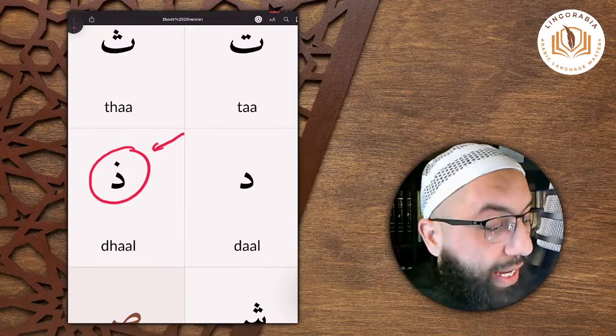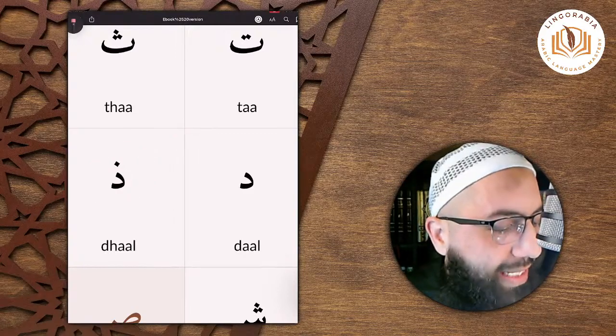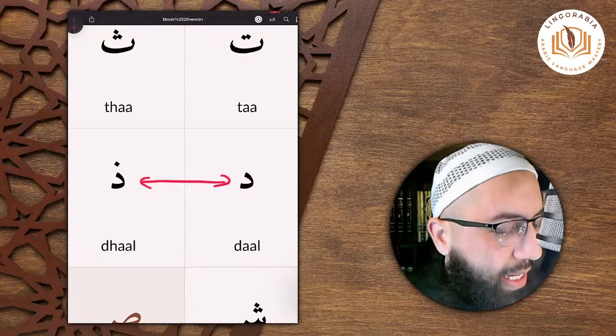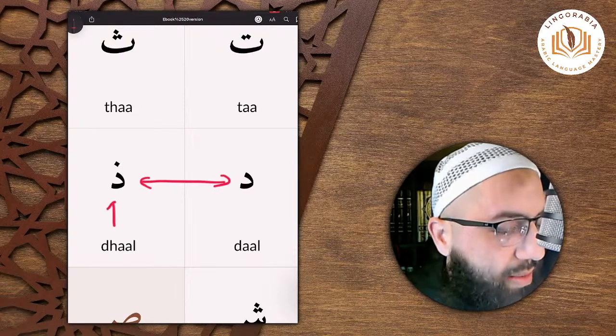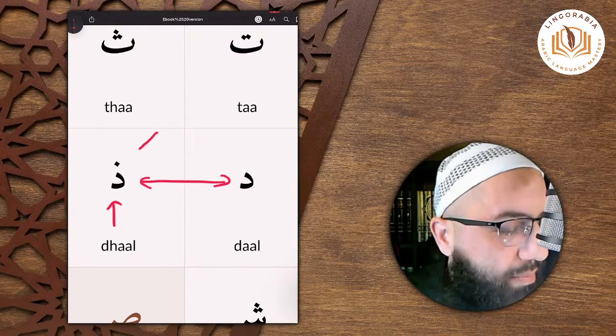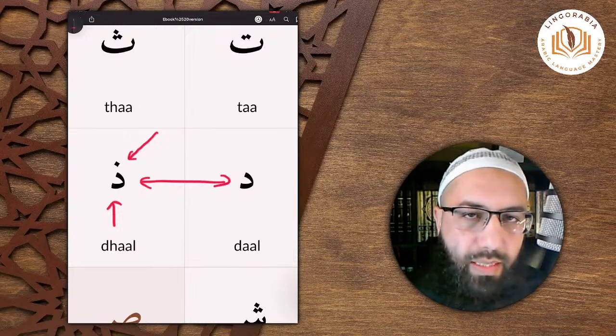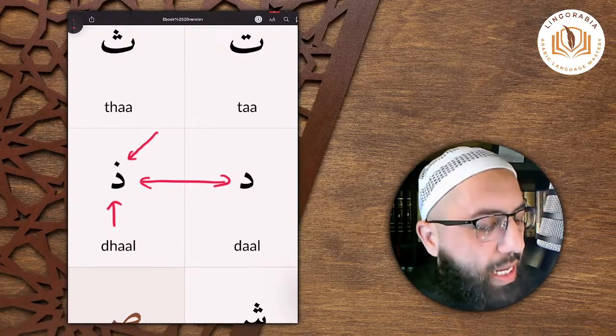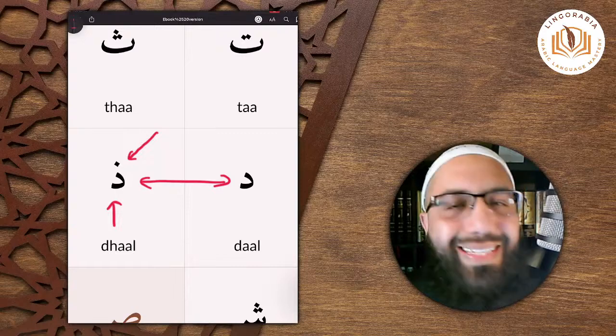Also, one last point is to differentiate between these two. In some countries, everybody has his own flaws, they pronounce the dhal like the dal.